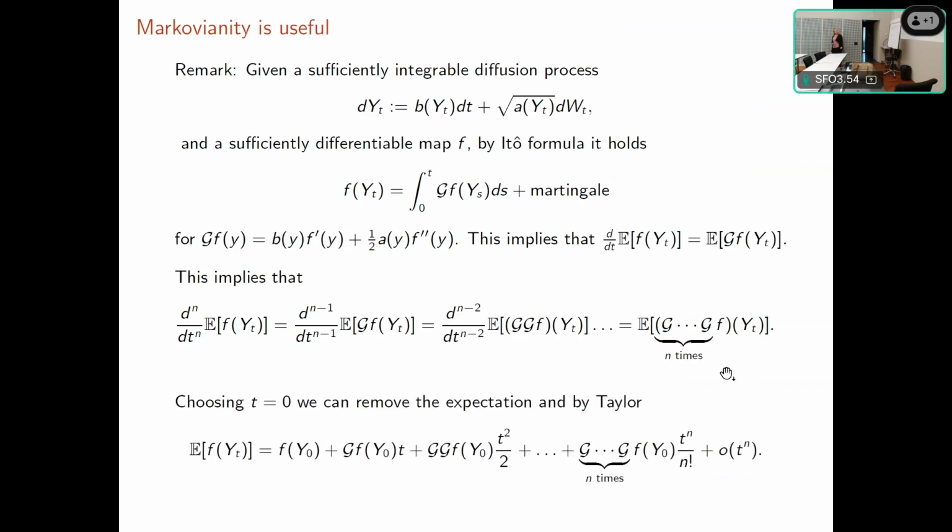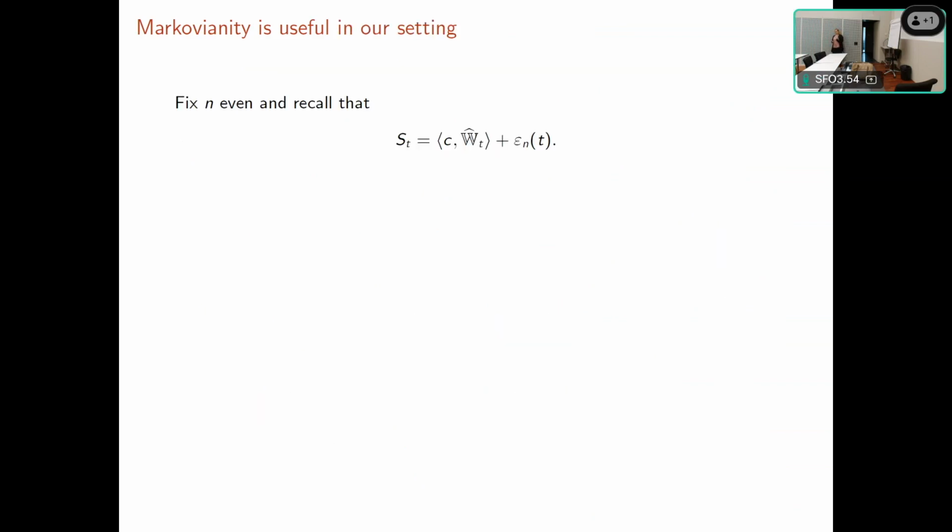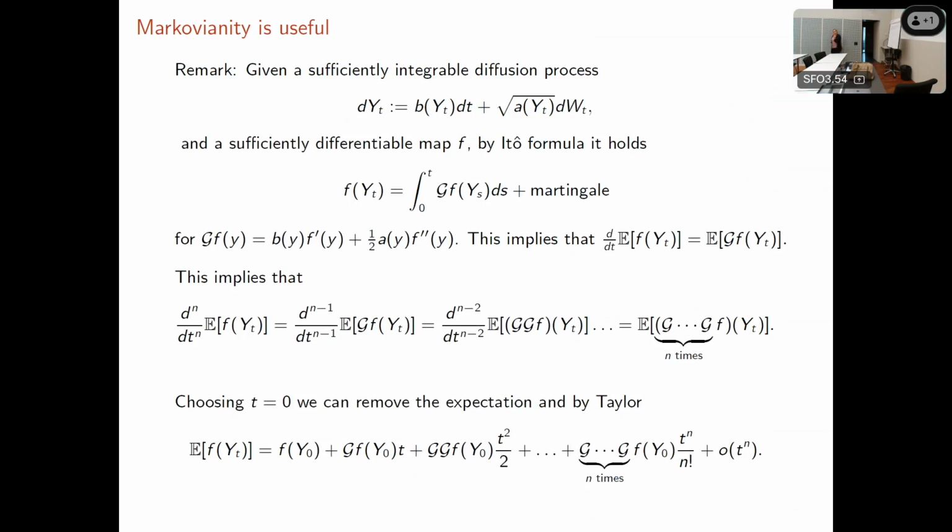If you evaluate this at t equal to 0, it is deterministic, so you get rid of the expectation, and it's just GGG f of y0. And so you get the expansion of f of any order just by applying G recursively as many times as you need. This is why Markov processes are nice.